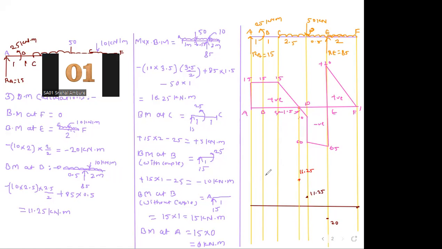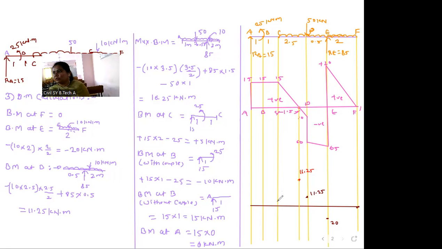After that, bending moment at C is plus 5, so here something below 11.5. Suppose here 5. After that, bending moment at B. At B there are 2 points, before couple and after couple.